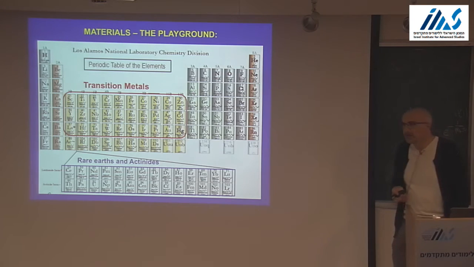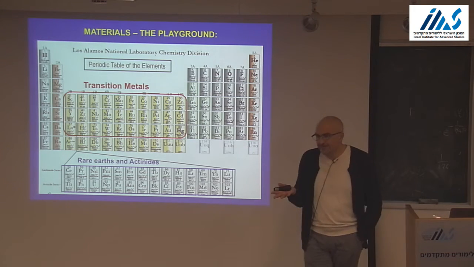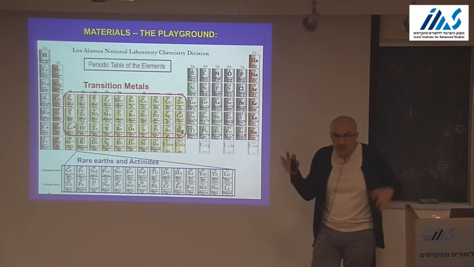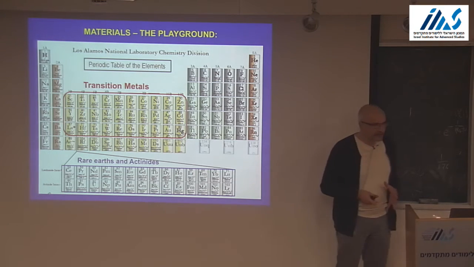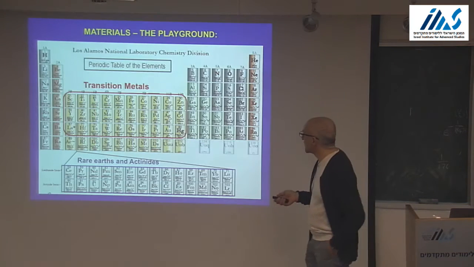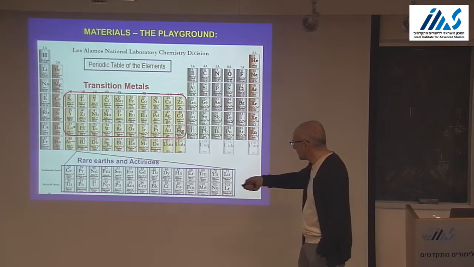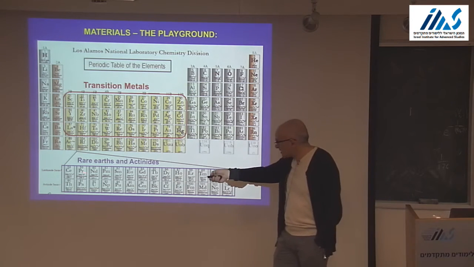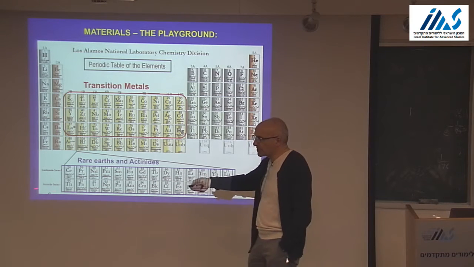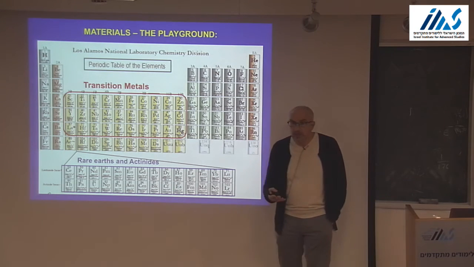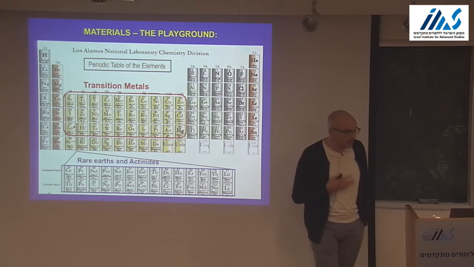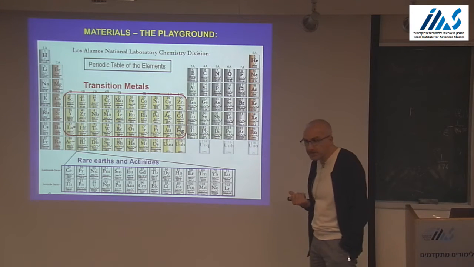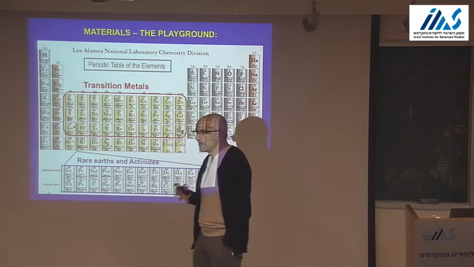By the same token, the radial wave function of 4f rare earth systems, the 4f radial wave function, is extremely localized around the nuclei. And indeed, if you look here, these elemental metals, with the exception of cerium, which has a somewhat more complicated phase diagram, are metals which have this strange property of having a Curie law for their susceptibility instead of Pauli susceptibility, indicating the presence of a local moment that freely fluctuates despite the fact that they are metallic.